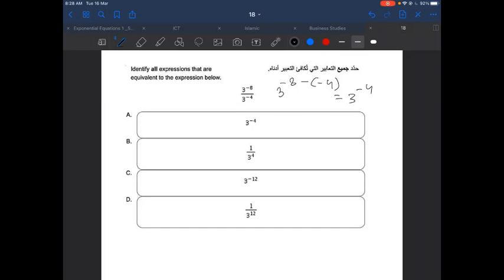So now we can select A, and if you convert this into positive form, you get 1 over 3 raised to the power of 4, because any number with a negative exponent can be converted into positive form by writing it as positive and putting 1 on top. So we can select B.